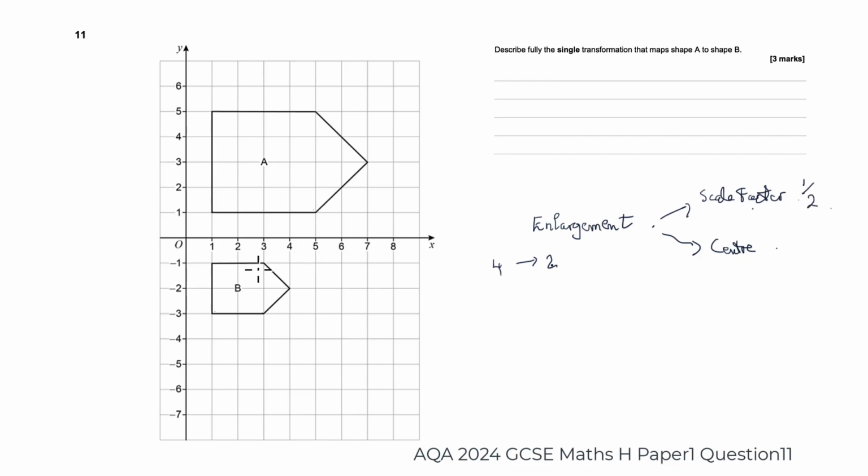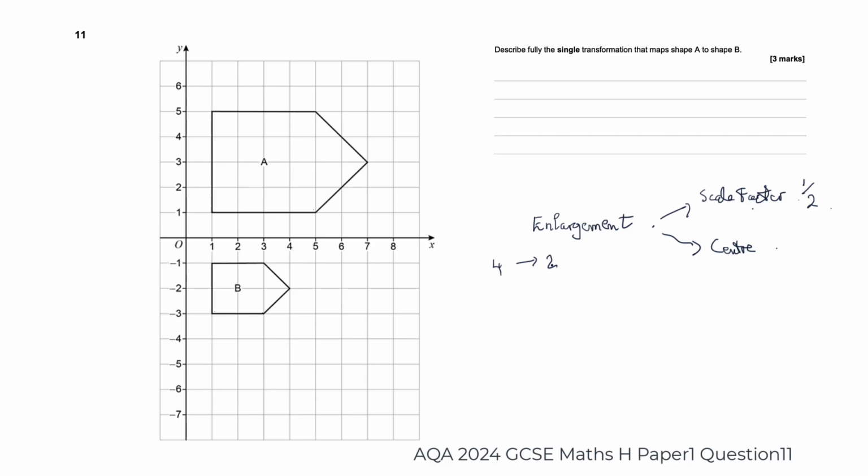The small shape is a half of the larger shape when it comes to the lengths of all the sides, and that's how you'd work out the scale factor. Now the centre. Let's have a look and see if we can find the centre.